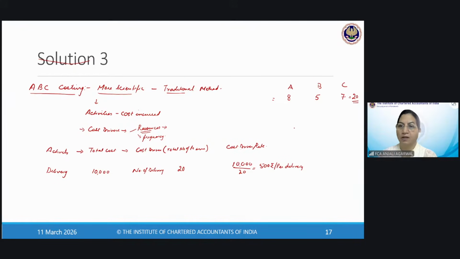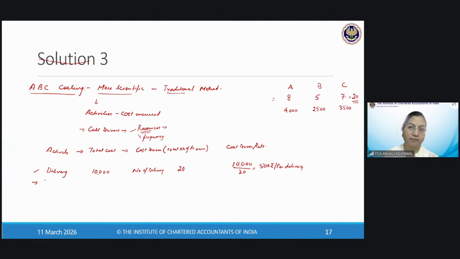So the delivery overheads should not be charged at a combined blanket rate for all the possible overheads, but for delivery, it should be charged as 500 into 8, 4,000, 500 into 5, 2,500, and 500 into 7, 3,500. So this is how you will allocate each activity cost to the various products on the basis of the cost driver.